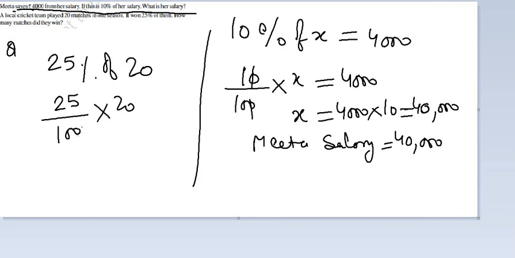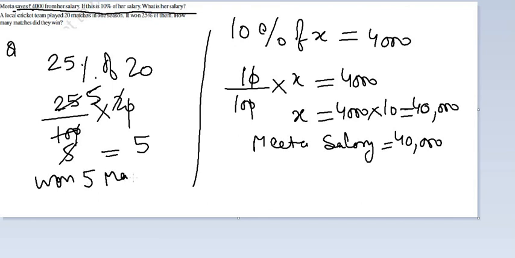Okay. So you can cancel them here also. That means 5 matches. So out of 20 they won 5 matches. Okay.